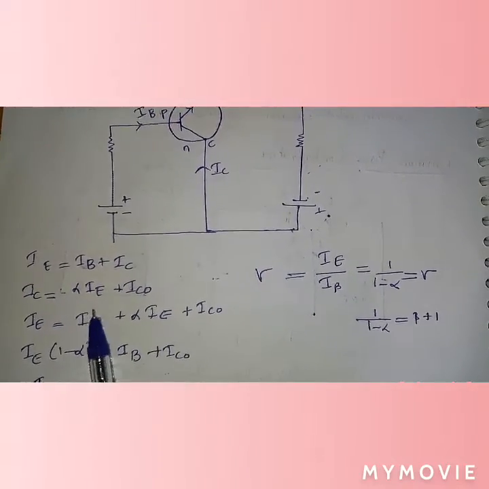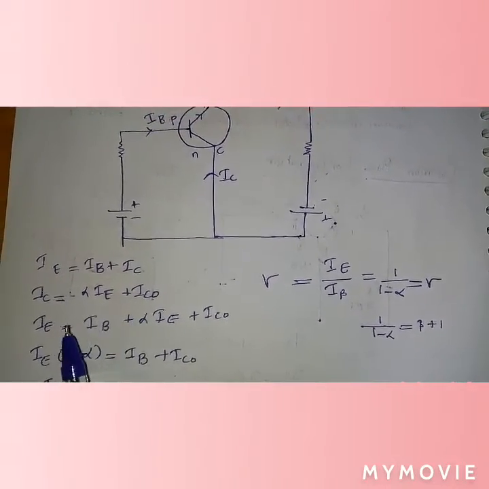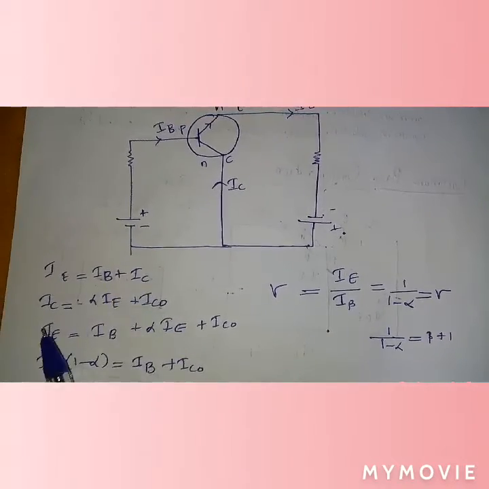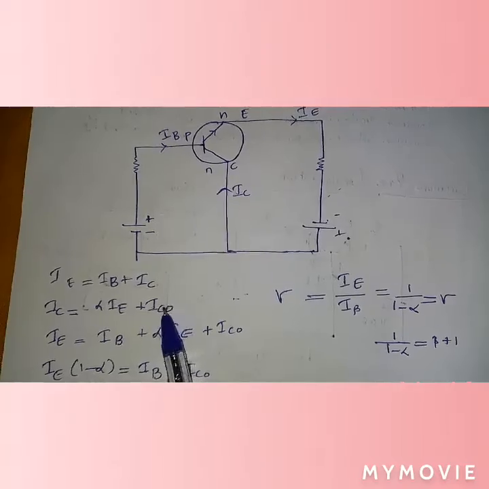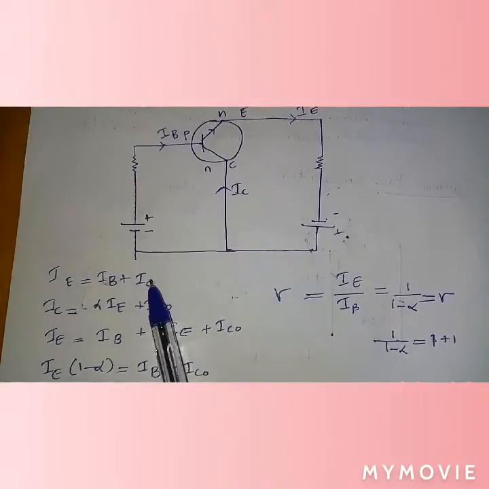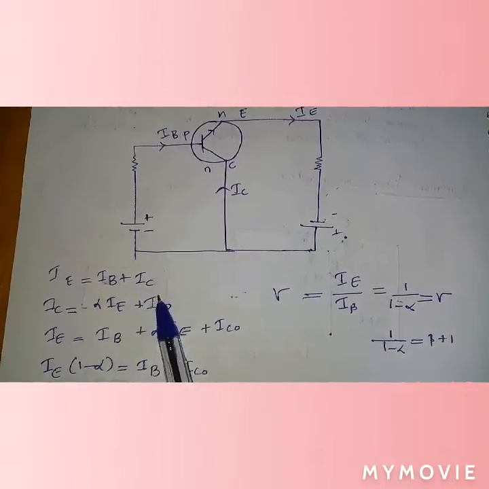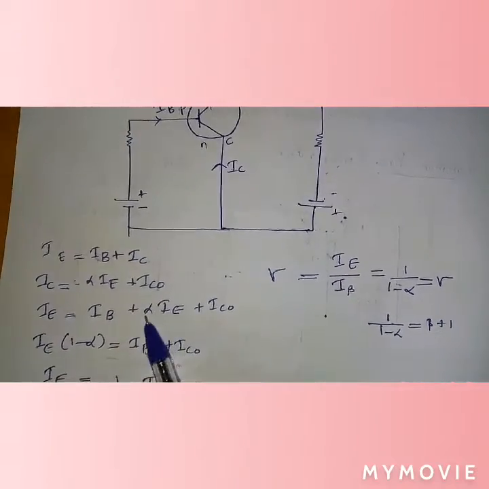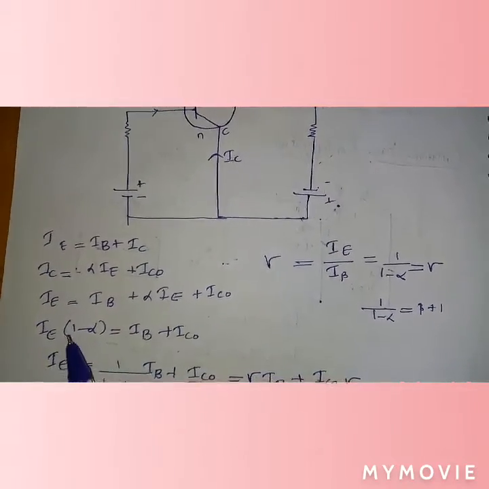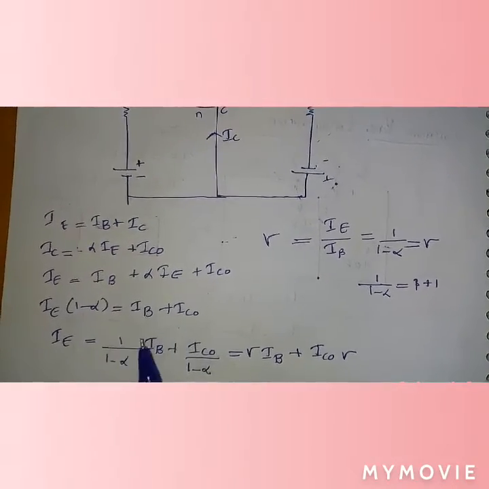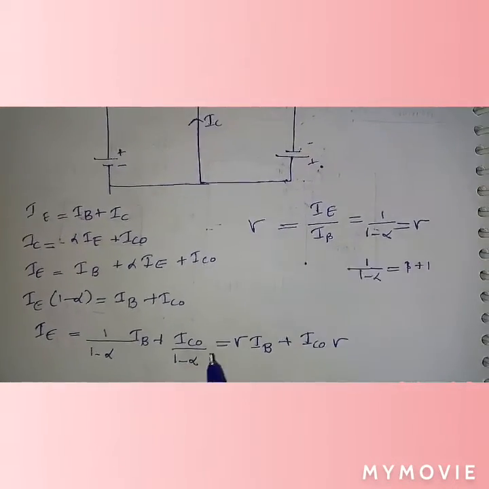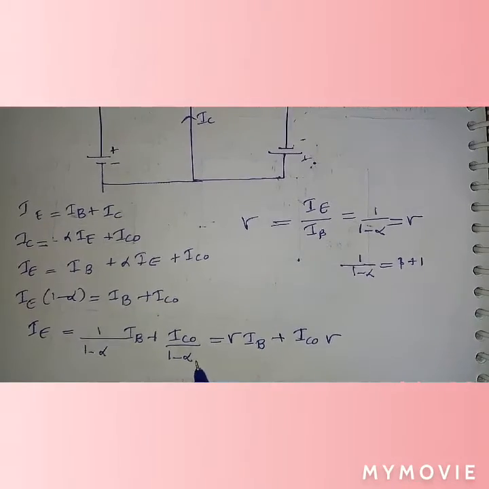Okay, here we substitute IC in the first equation as alpha IE plus ICO and take IE to the common side, and IE is equal to IB by (1 minus alpha) plus ICO by (1 minus alpha).